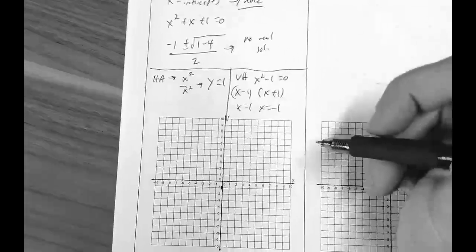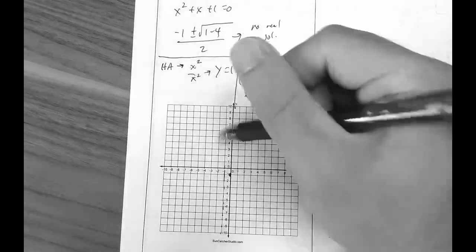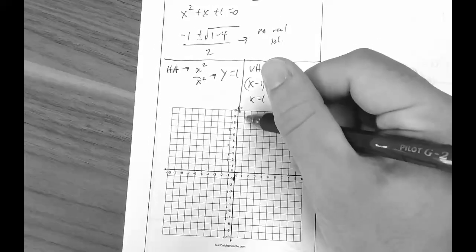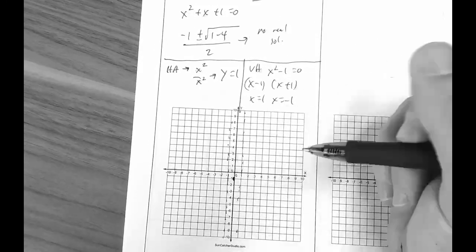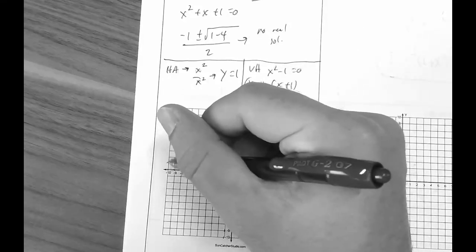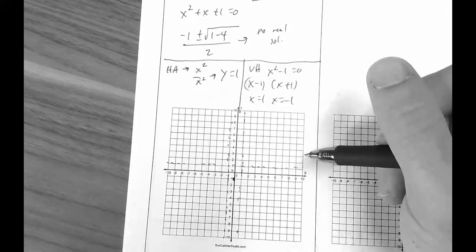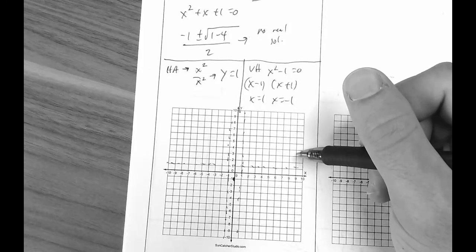So that means I can fill out some stuff here. We're going to have a vertical asymptote here at -1, here at 1, and I'm going to have a horizontal asymptote here at 1 as well, y equals 1. So this is kind of like the scaffold. Got it? Okay.